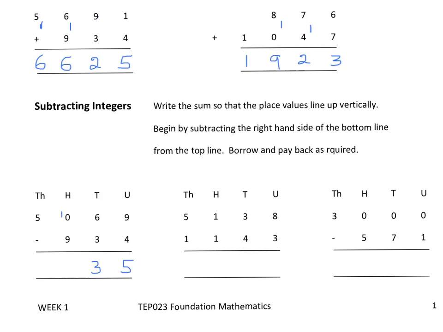But if I borrow it from the thousands column, I've got to remember that thousands is now 1 less. So now I still have the same 5,000, it's just one of them is now read as 10 hundreds, and I've still got 4,000 in the thousands column.